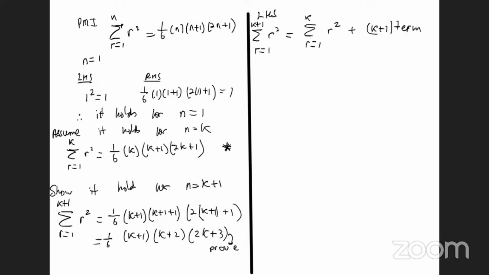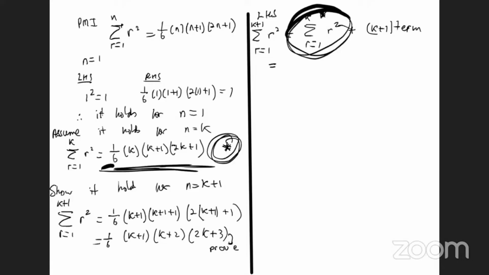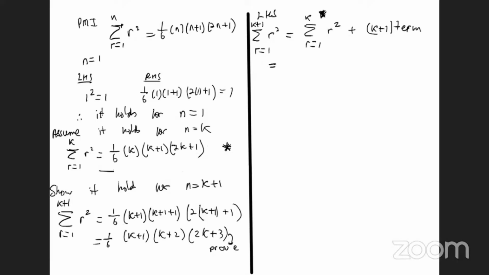Let me write one more step before I make substitutions. I already know what the summation of r going from 1 to k is. See this here? That's the star. So I'm going to write back that statement. I know what this is; that is equal to this.